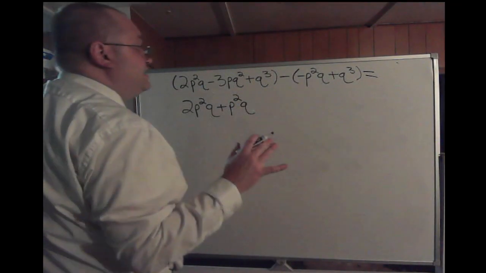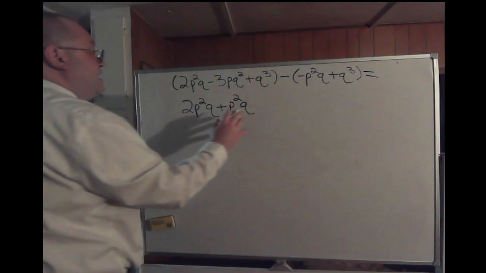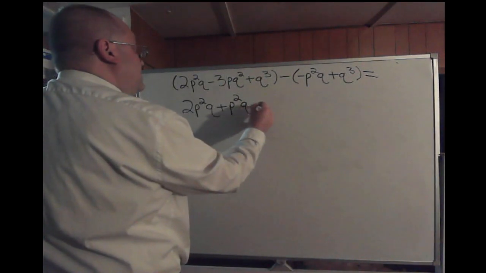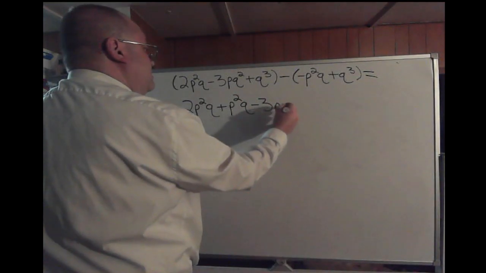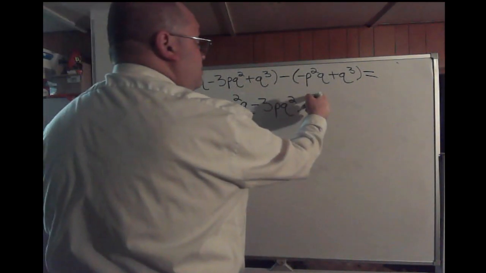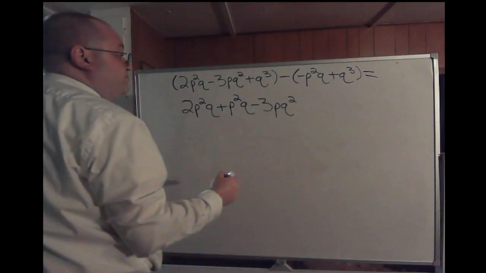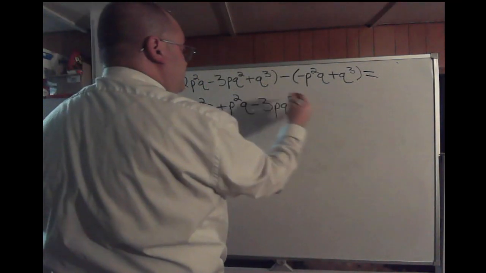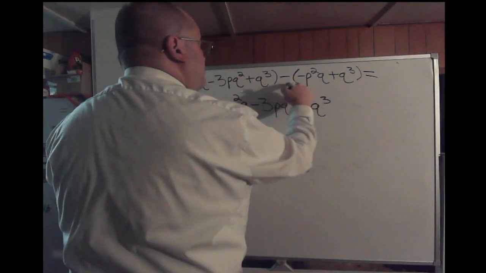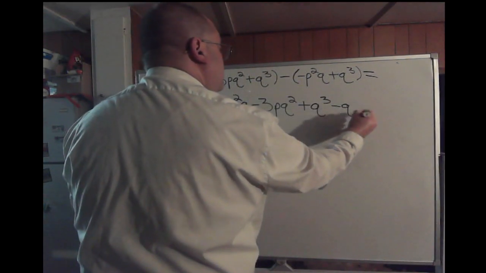Alright, I don't see any other p squared q terms. Now, how about the pq squared? We see minus 3pq squared. Do we see any other pq squared terms? We do not. Now we just have the q cubed term. So we have q cubed minus q cubed.